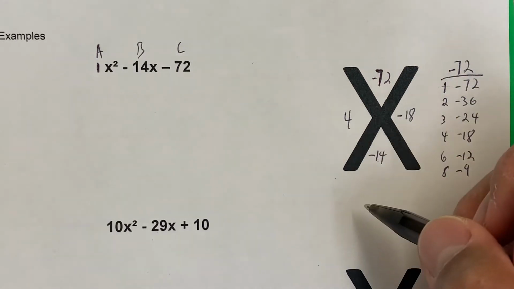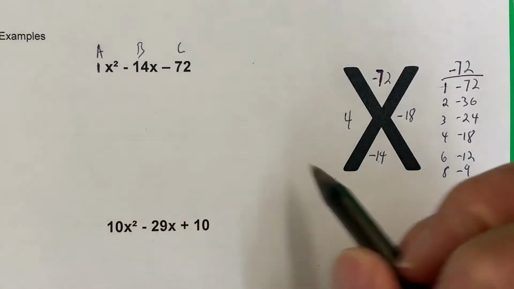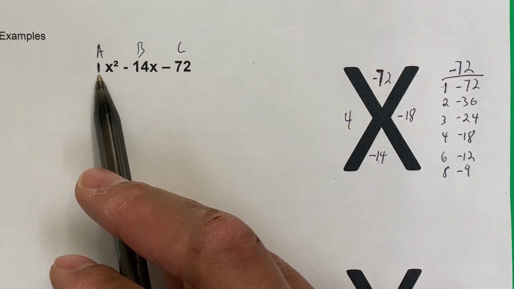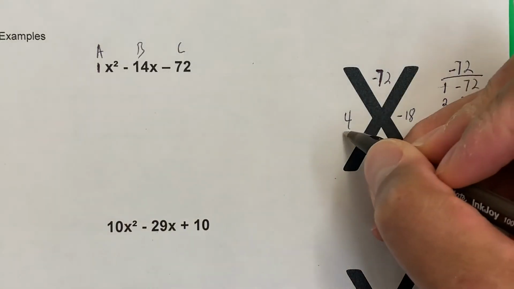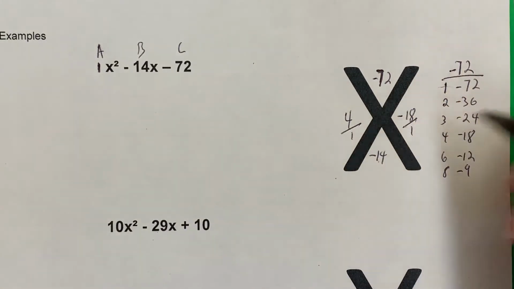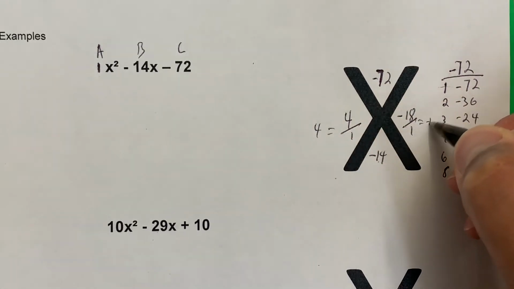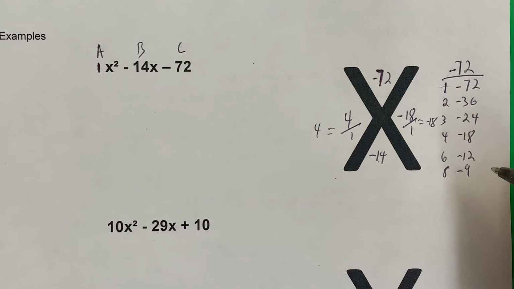Now my next step, if you'll remember, was to divide everything by A, but here A is 1. So if I divide this by 1 and this by 1, they're already simplified. I don't really have to do anything. This is just 4, and this is just negative 18. A little cramped, but it still gets there.